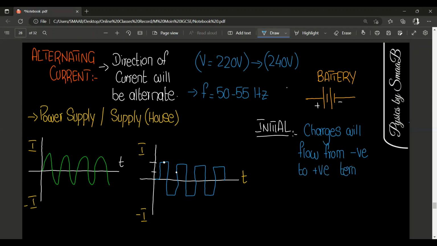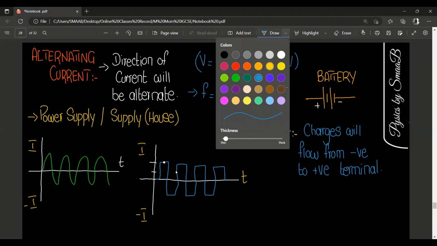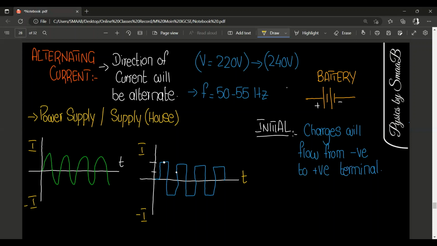We need to study this negative to positive concept because sometimes in exams they ask you to draw the electron flow. And what is that electron flow? If we try to move charge from negative to positive, normally it doesn't happen, but if we forcefully try to move charges from negative to positive, that flow of current is known as non-conventional current, right?